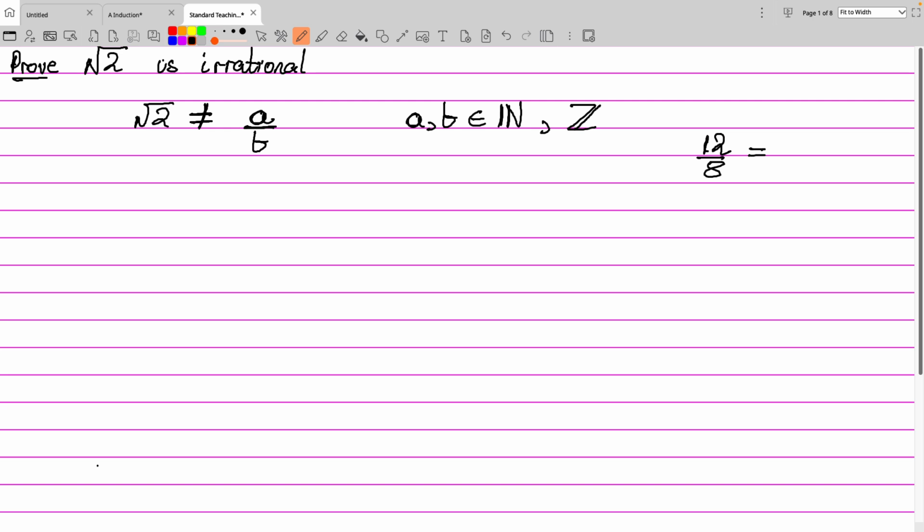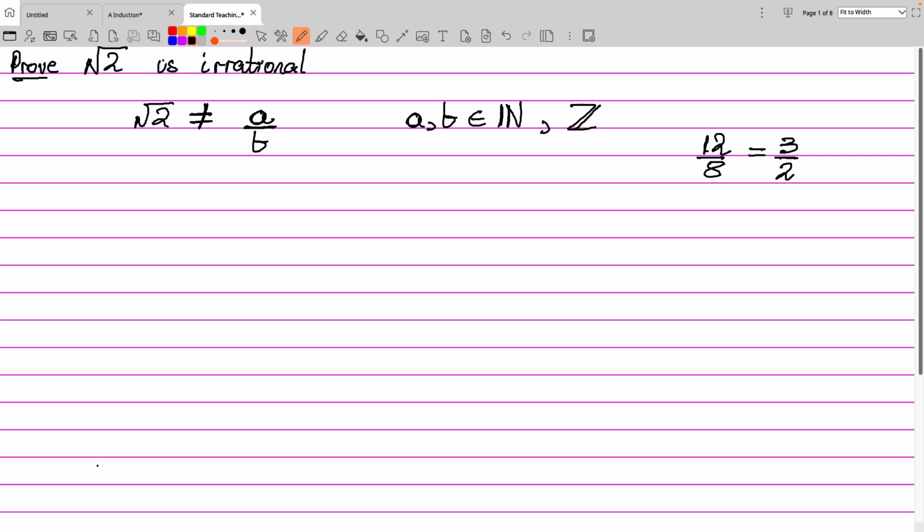But whatever, we end up rewriting it. So what is 12 over 8? What goes into 12 and 8? 4. So how many times does 4 go into 12? And how many times does 4 go into 8? And in national school, when we did this, we were writing the fraction in its lowest or simplest form.